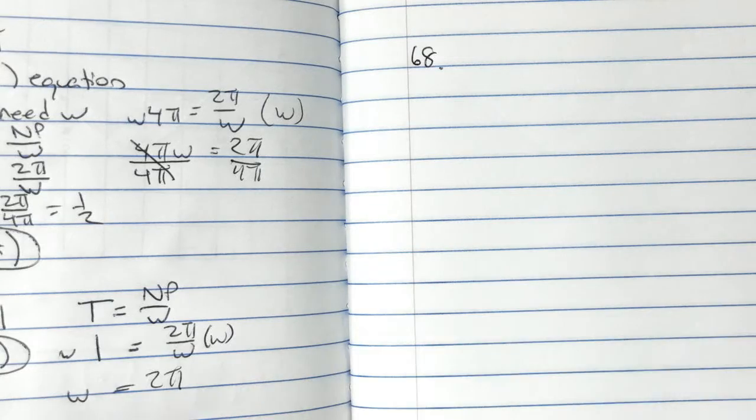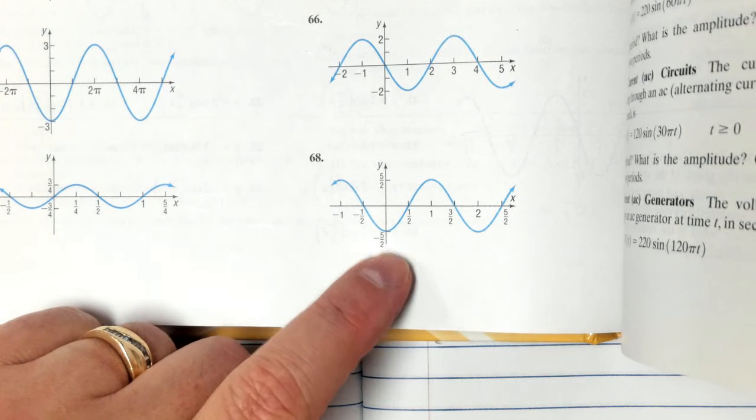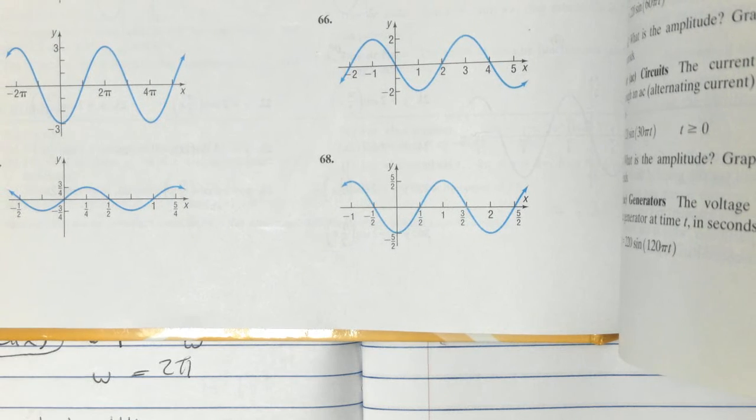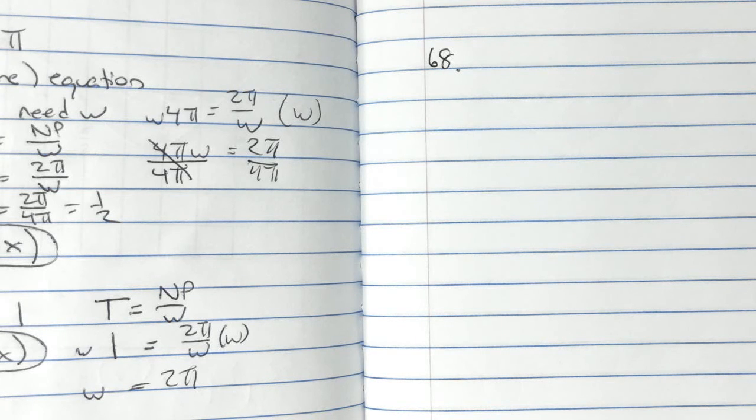Also, that was an upside down graph, if you noticed, because it started low instead of high. So that means it's going to be a reflected cosine graph, because it doesn't go through the origin. If it goes through the origin, it's sine.